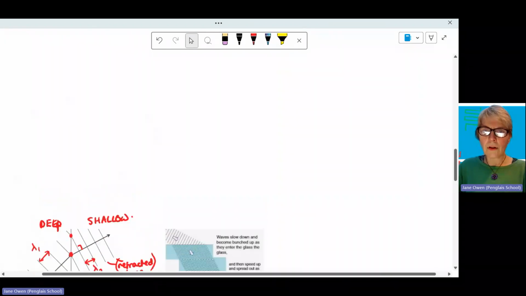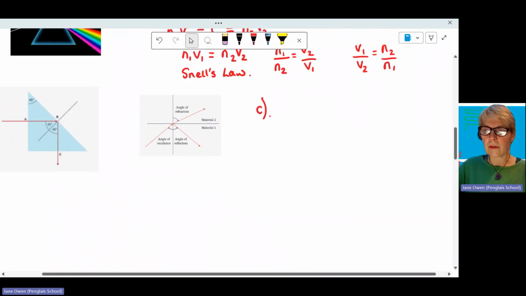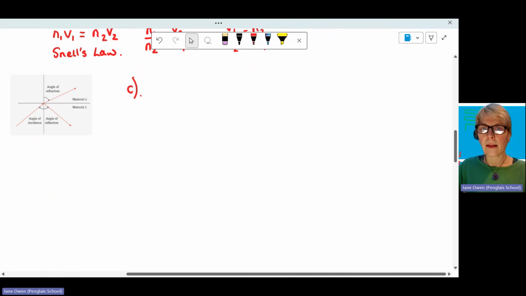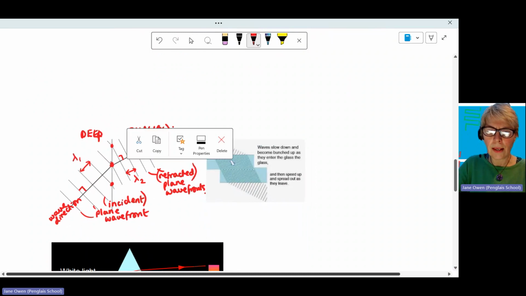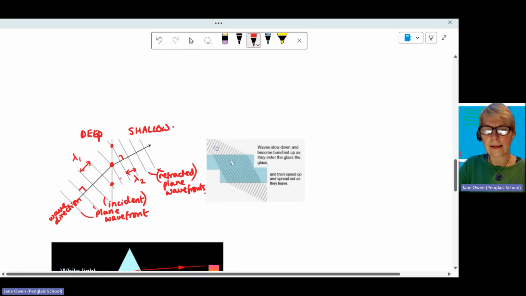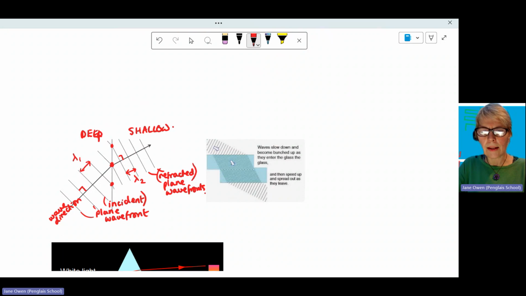Okay, so let's have a look at what's going on, in terms of the symbols that we use. Now, we know that from the wave equation, V equals F lambda, where F is the frequency of waves. Now, in refraction, just like reflection, the frequency doesn't change, because you can see in this particular instance there are no more waves added in and no waves taken out.